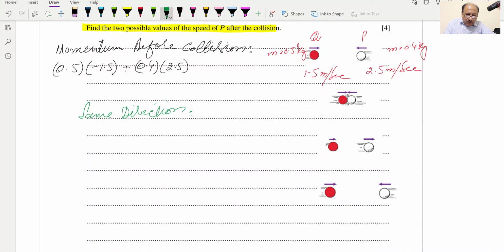So if they are moving in the same direction, what will be the situation? We will equate this momentum which we have written over here.